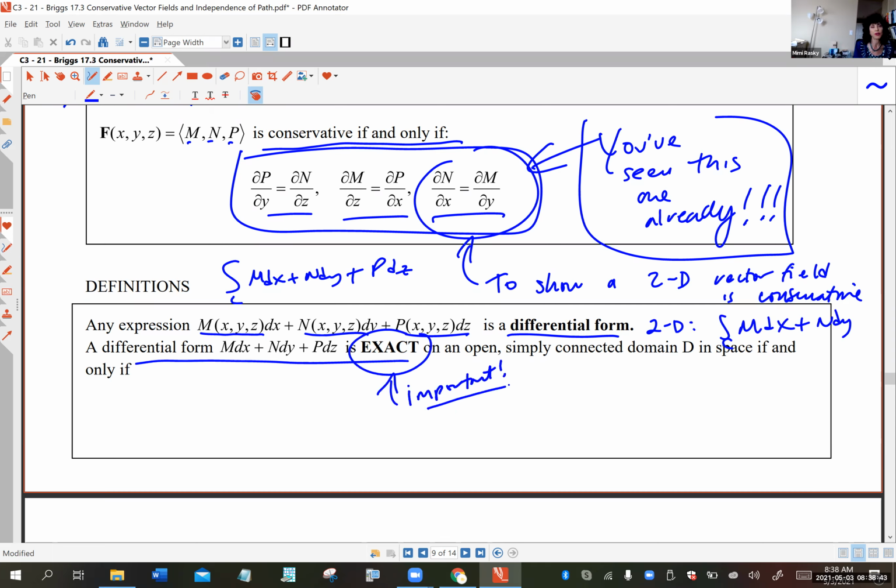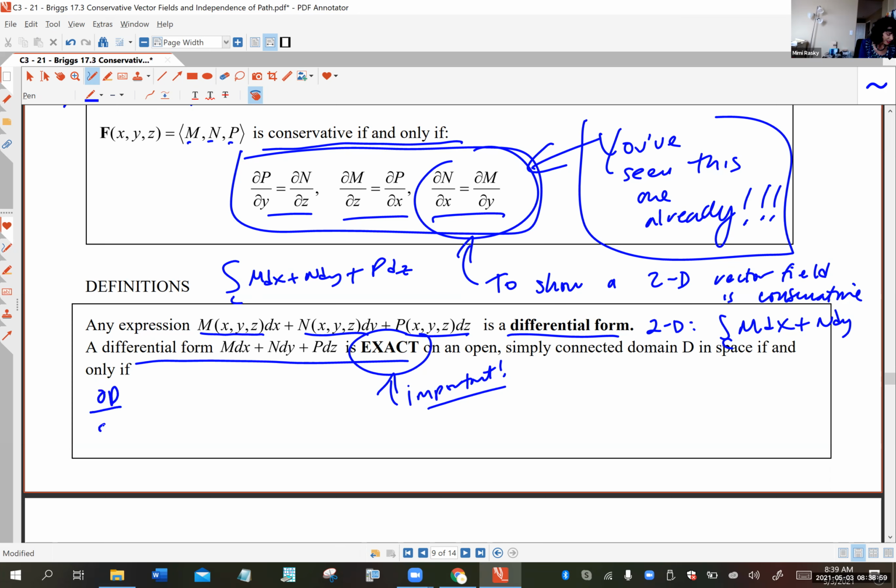Unfortunately, not so important in the textbook we're using because it's kind of weak when it comes to Calculus 3, but I think it's important, so you have it here in my course reader. So how do you know when your differential form is exact?